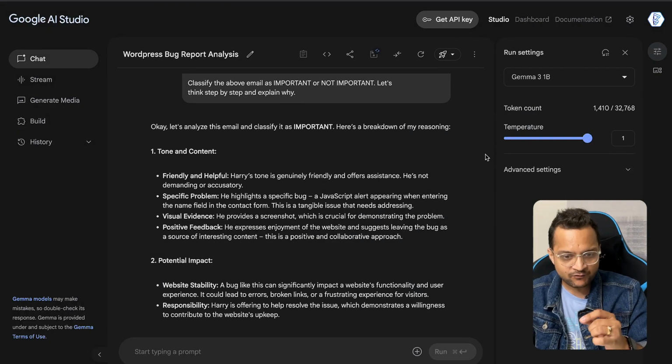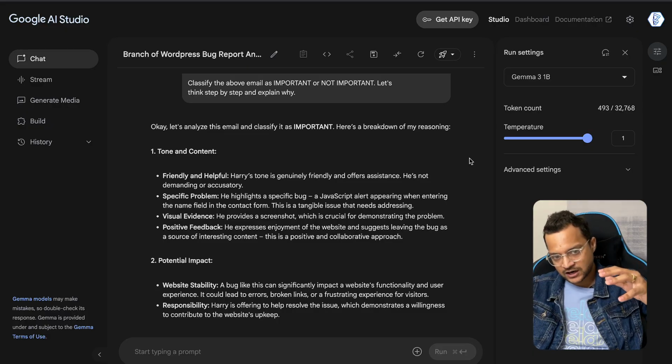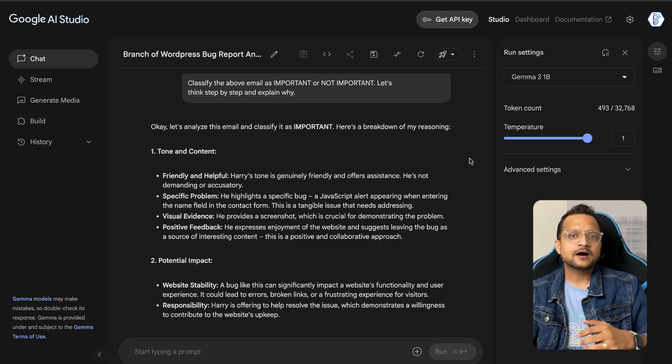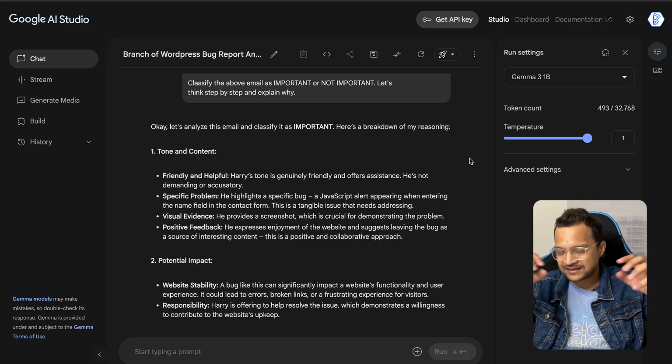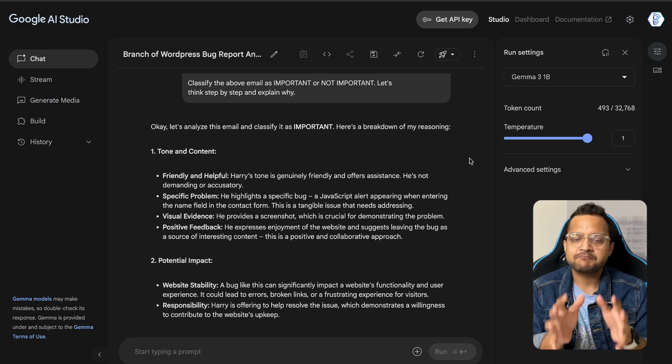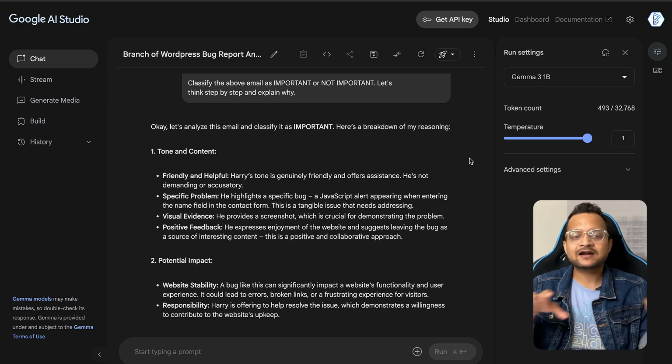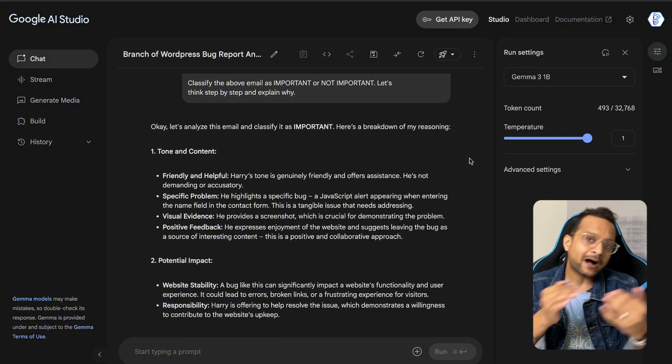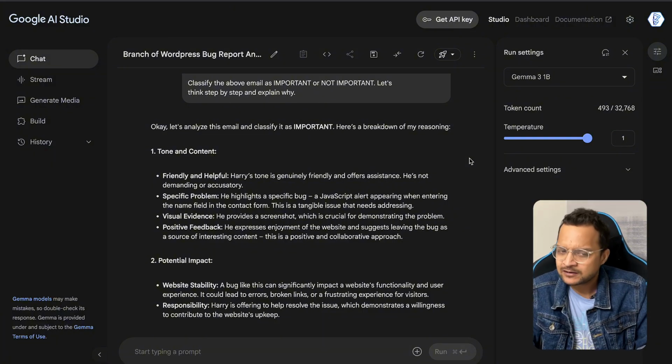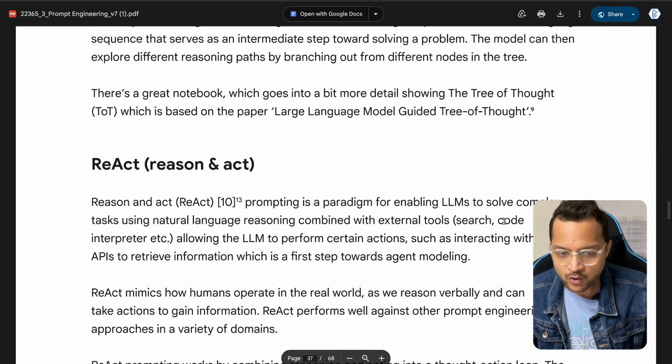When I say branch from here, another branch starts, and that's called the tree. So now we are making a tree. Although we are doing this manually, if these kinds of things happen automatically by the LLM or AI, then it will be a tree of thought.